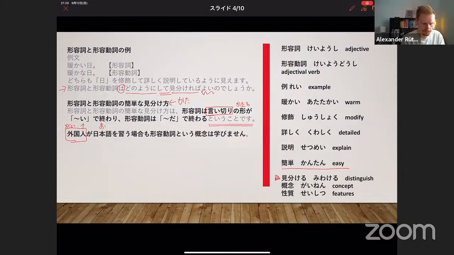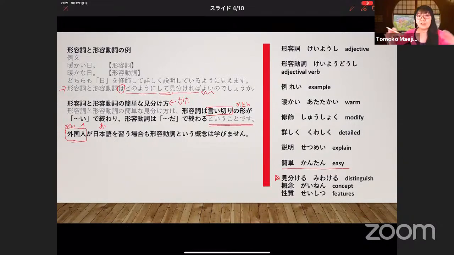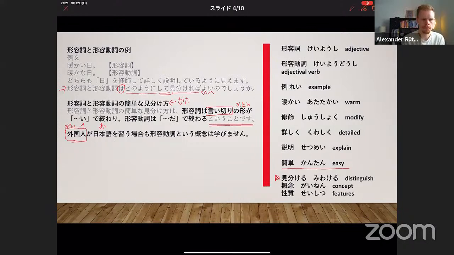So basically, this is foreigners, gaikokujin. Foreigners like you, people from Germany, America and other countries, are called gaikokujin. Basically, outside of Japan, we all call them gaikokujin.